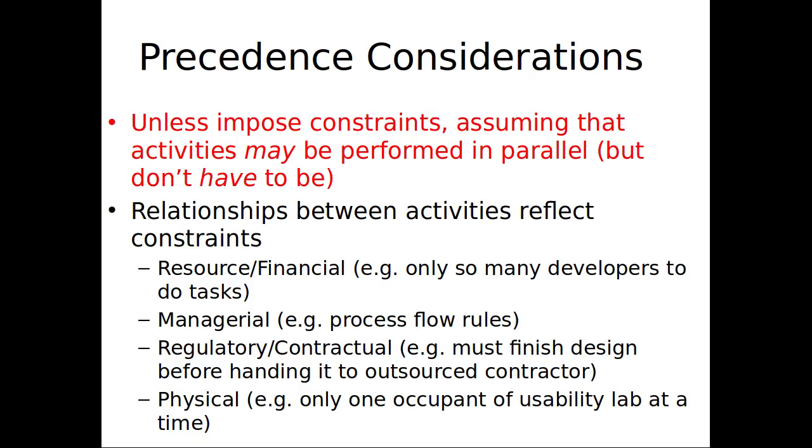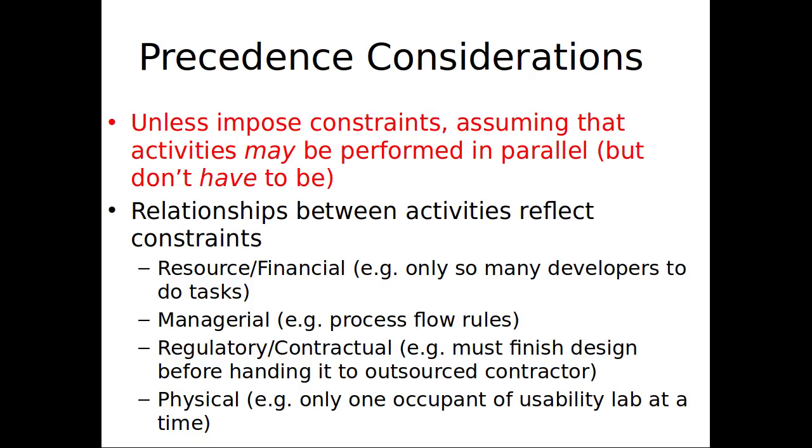Relationships between activities represent constraints, and those constraints can be of several types. Physical constraints: you need to use this tablet for testing this version of the app, so you're not able to test this other version of the same app, something like that. Or you have a testing database that can only hold one set of contents at a given time, or what have you.